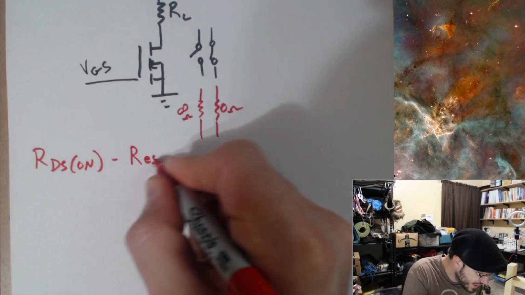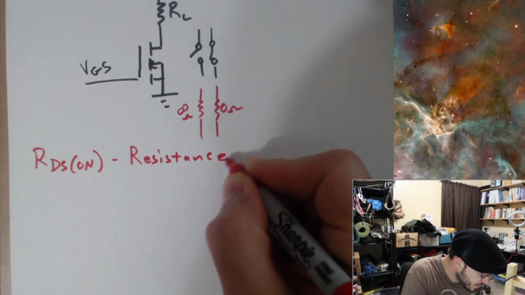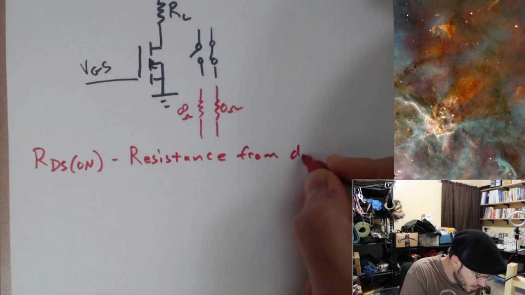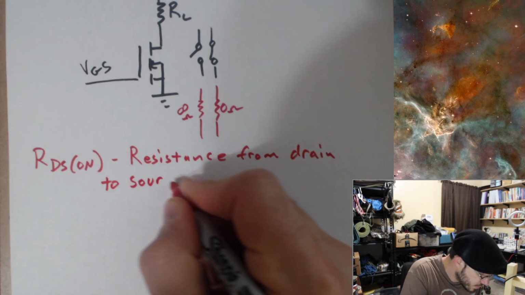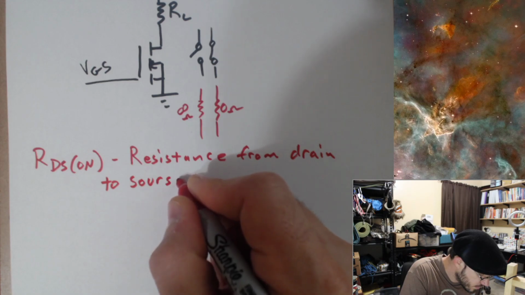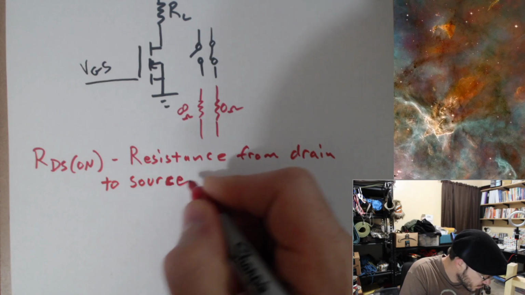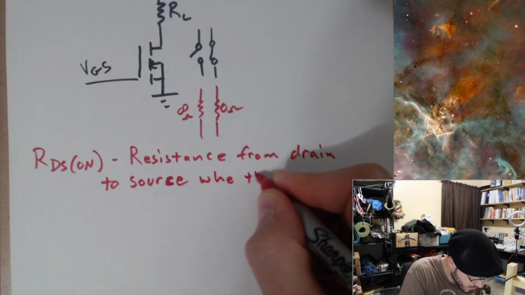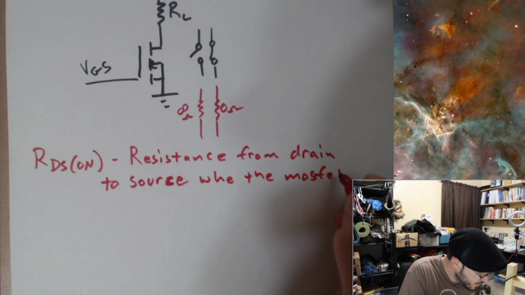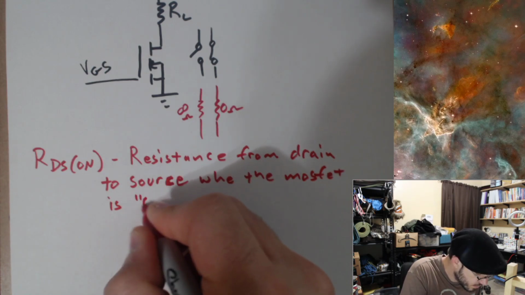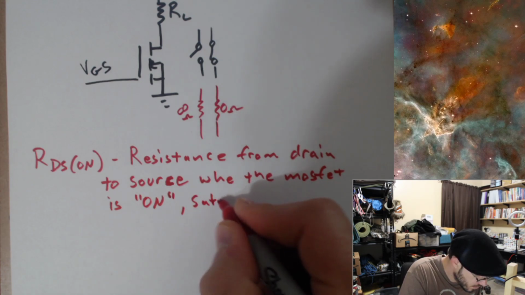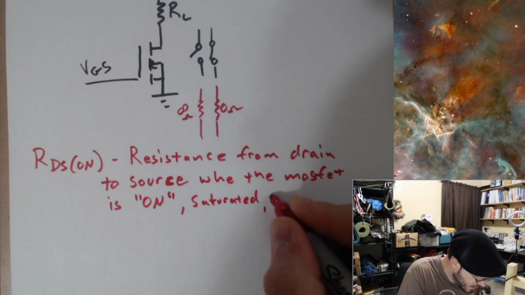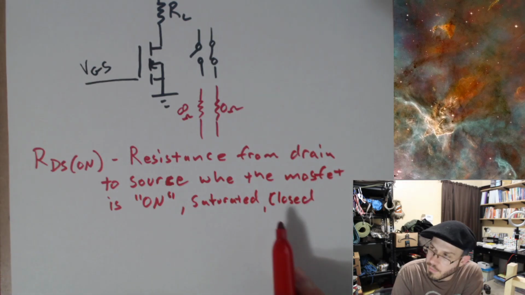This is the resistance from drain to source when the MOSFET is on, saturated, closed, however you want to talk about this condition.